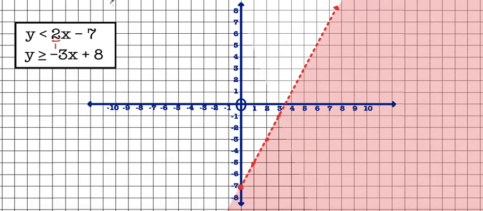We're going to start off by plotting our line. We're going to start with our y-intercept, which is 8. We're going to go over to the y-axis and plot it at 8. So our y-intercept is 0, 8.